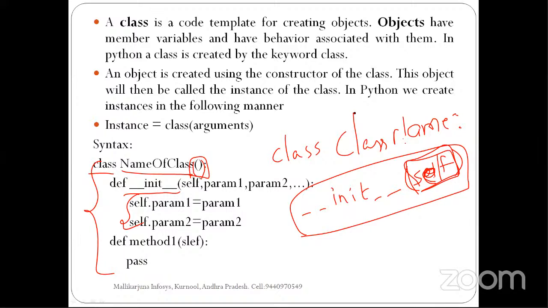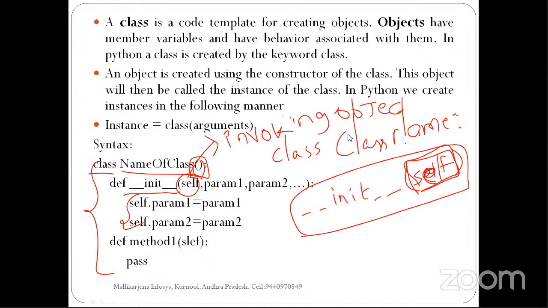Okay. So self indicates the invoking object. The name itself says that self indicates the invoking object, meaning the present working object. Representative of class, okay, somewhat. So self is going to represent the invoking object.